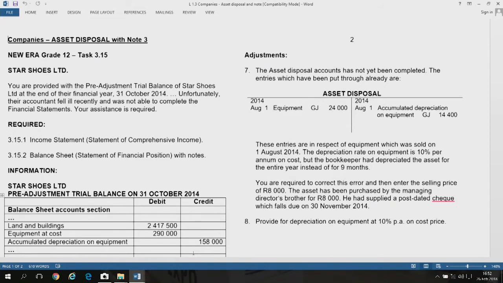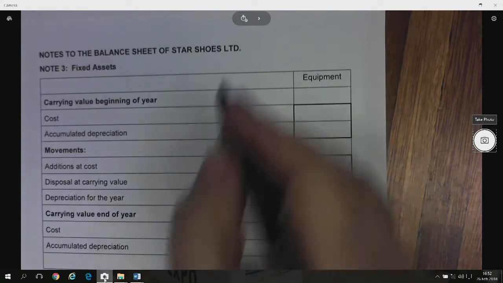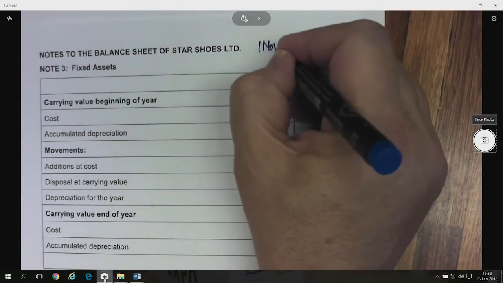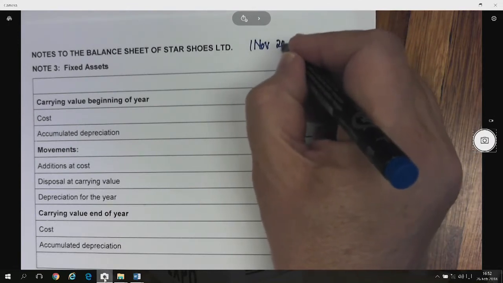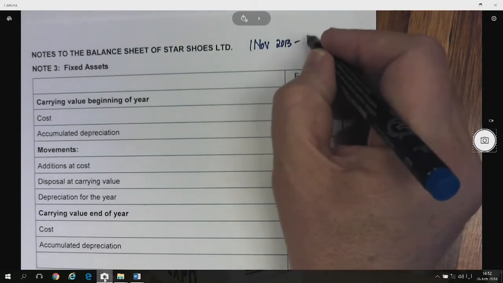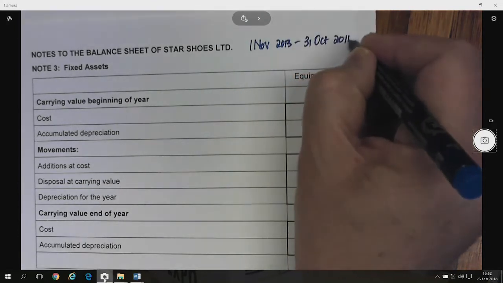You're provided with a pre-adjustment trial balance of Star Shoes Limited at the end of their financial year, the 31st of October. So our accounting period is the 1st of November 2013 until the 31st of October 2014.